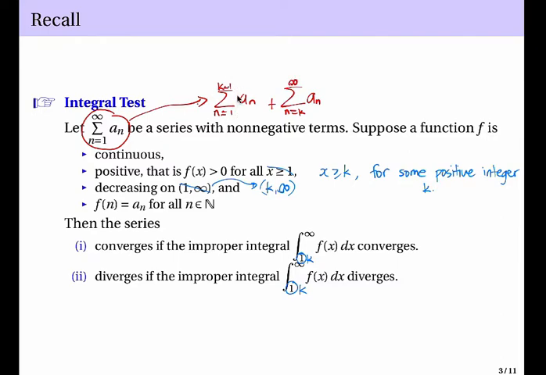Take note that the first part is just a finite sum. So this finite sum won't affect the convergence or divergence of the infinite sum. Whatever the convergence or divergence of this series, it will have the same conclusion as the series starting from k. Okay?